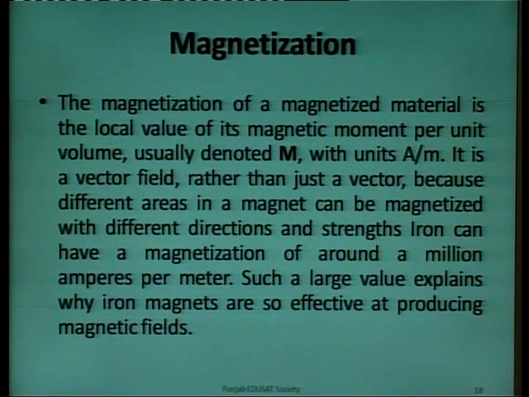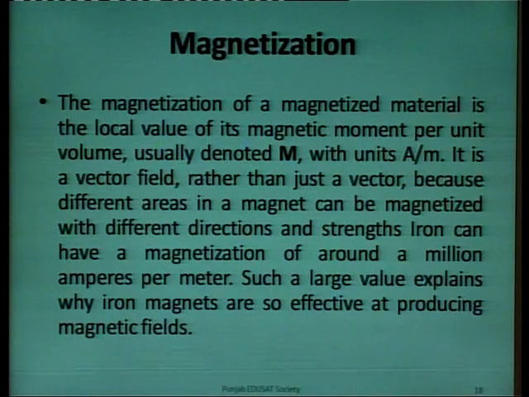Then we have magnetization. This is the most important property of any metal. The magnetization of a magnetized material is the local value of its magnetic moment per unit volume, and it is usually denoted by a capital M, with units of amperes per meter.